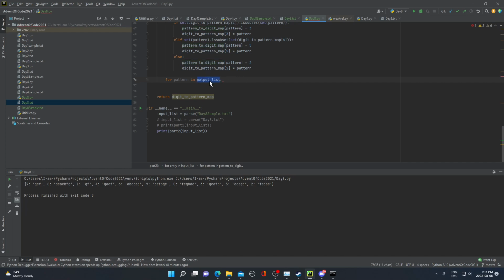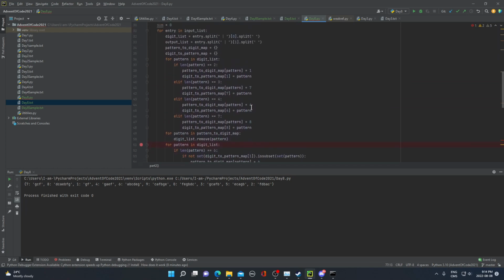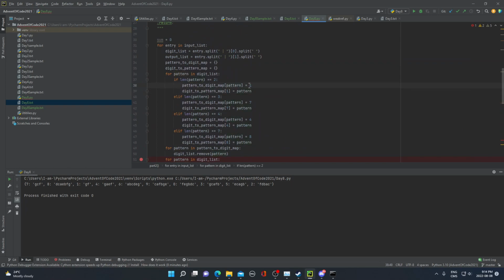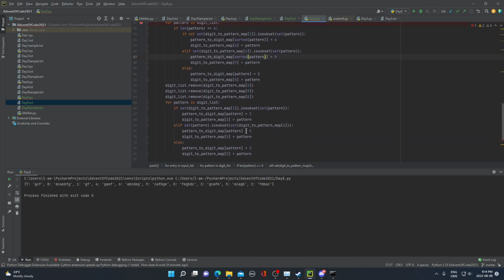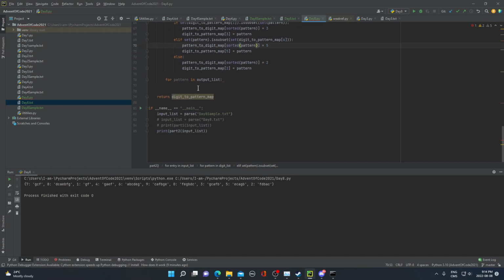Or even better, we should just sort it when we're putting it in, because we're not using it anywhere else. 6, 7, 8, 9. Sorted pattern.